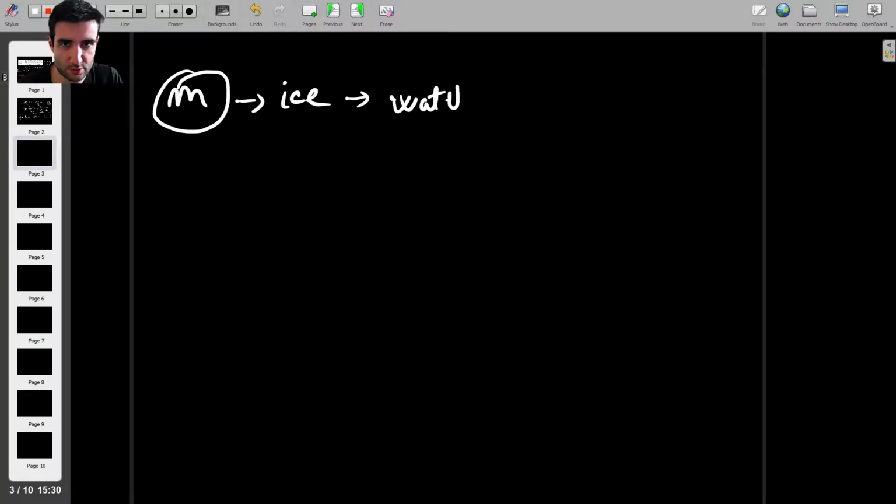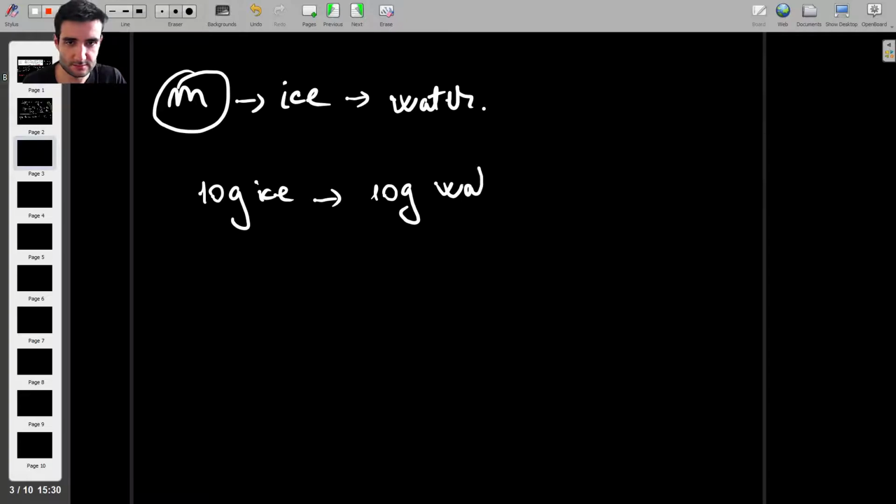Because if you start with, let's say, 10 grams of ice, and those 10 grams of ice melt, then you will end up with 10 grams of water, right? You're not going to just end up with more water or less water out of nowhere. So there's this idea of mass conservation that you have to be aware of, okay?